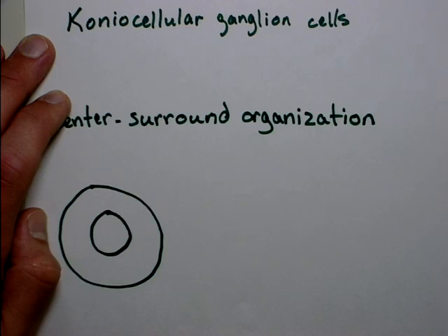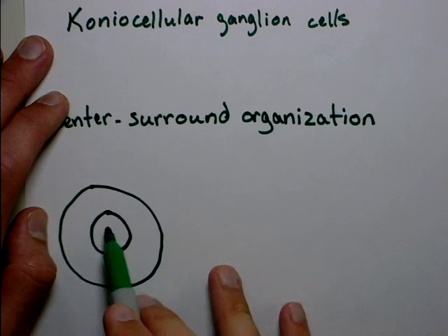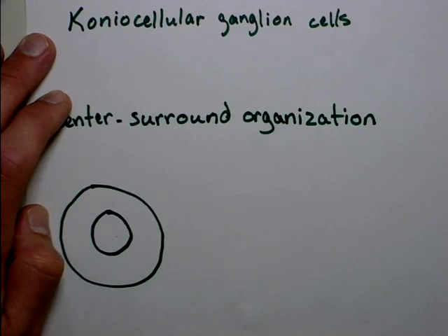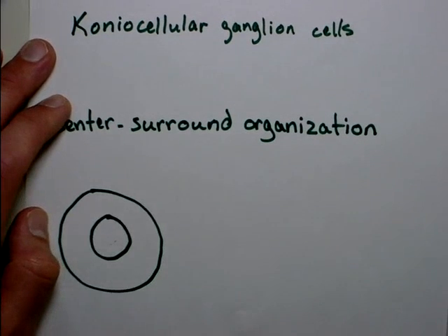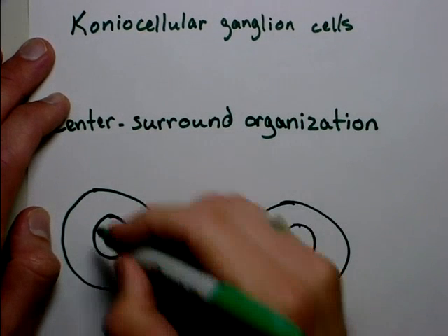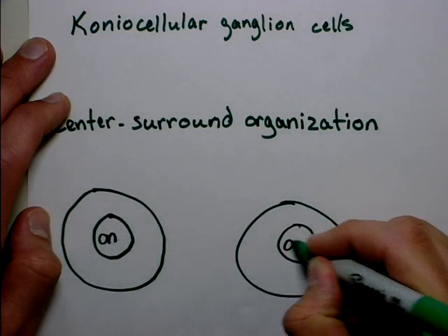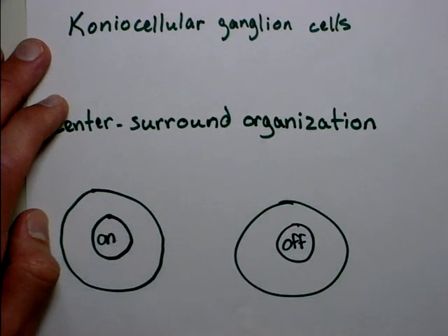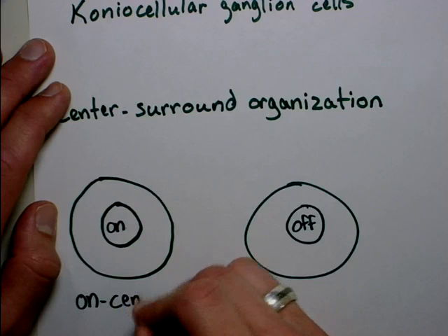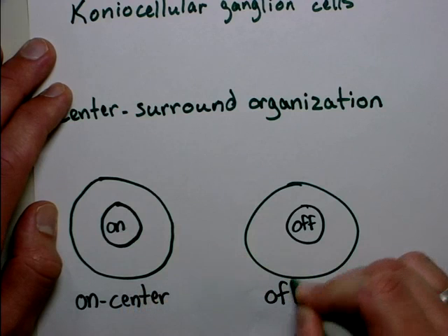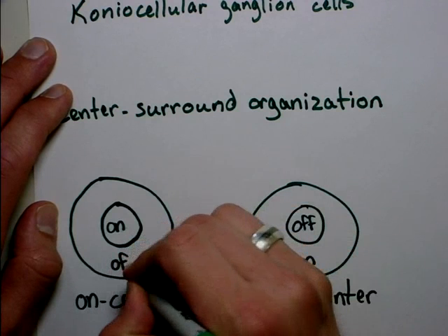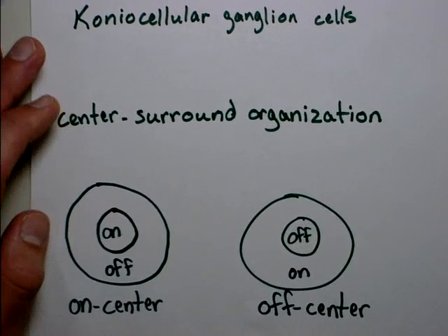Okay, now, for the ganglion cells, let me back up. You have two organizations. They're both center-surround, but one is going to be on-center and the other is going to be off-center. Now what do I mean by that?